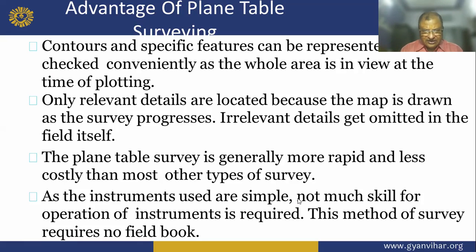Plane table survey is generally more rapid and less costly than most other types of survey. It uses a simple instrument, not much skill is required for its operation, and this method of survey does not require a field book.